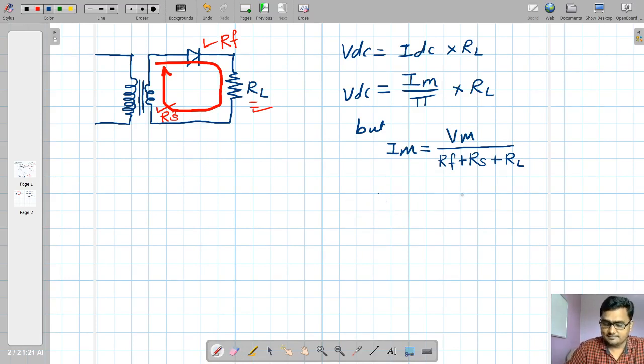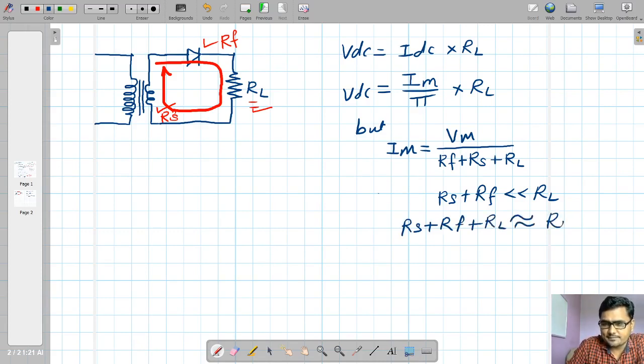Here Rs plus Rf is very, very less compared to RL. So I can put Rs plus Rf plus RL as approximately RL.